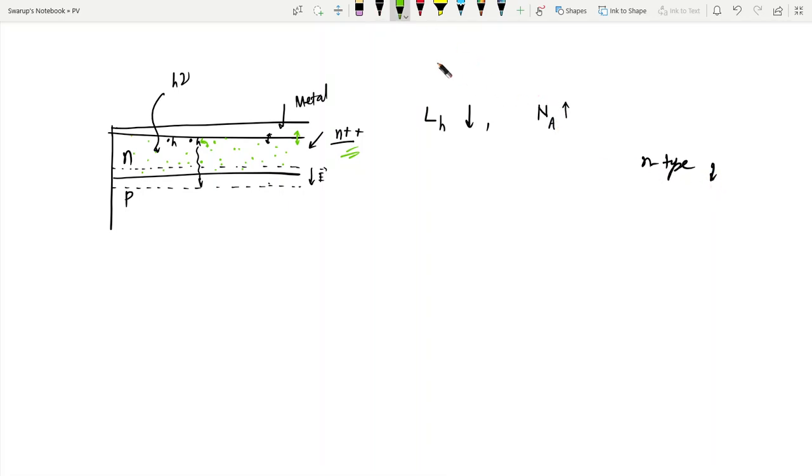As we increase ND, not Na, don't get confused, the donor atom concentration, the effective hole diffusion length is decreasing. That means our effective solar cell area will reduce, right. We know the effective solar cell area is LH plus Ln plus the typical depletion width, right. So this will reduce.